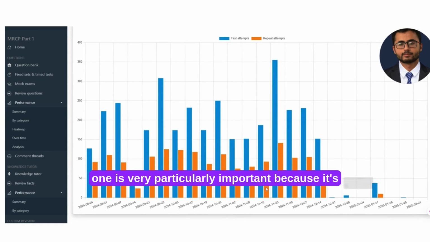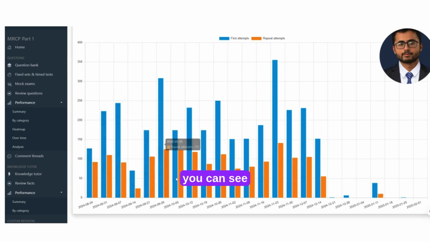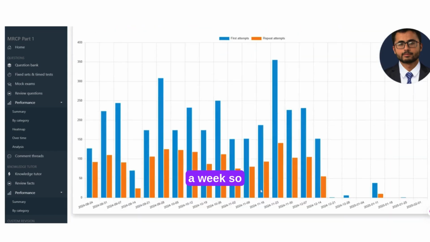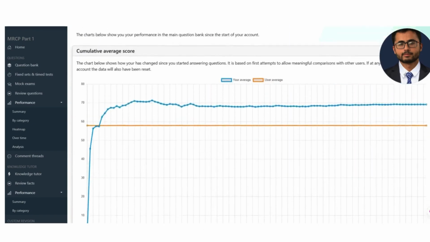So let's see the number of questions. I think this one is particularly important, because it's showing how many questions you have done weekly, and these are my first attempts, and these are the repeated attempts. As you can see, the maximum I have done is 355 in a week. It really motivates you and gives you a reality check of how much you have been studying.